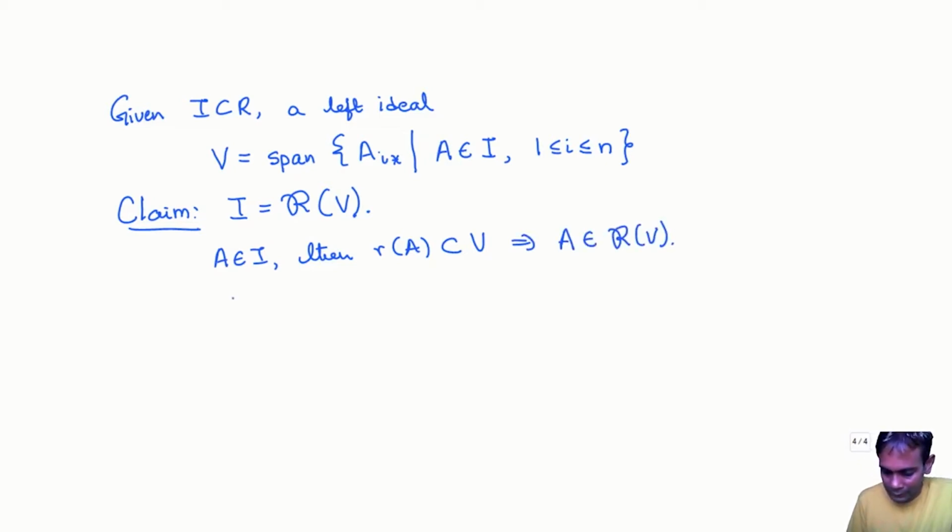So what this says is that I is contained in R(V). What we need to show is that the other inclusion is true, that R(V) is contained in I.